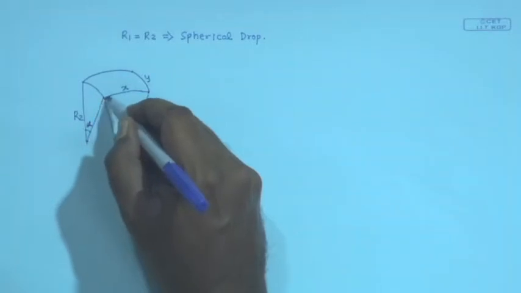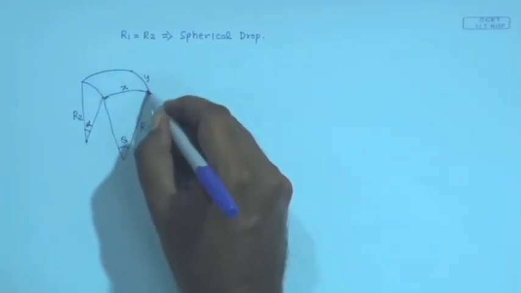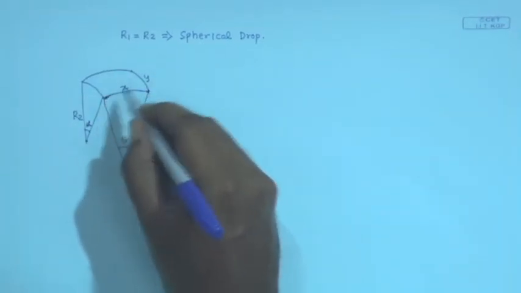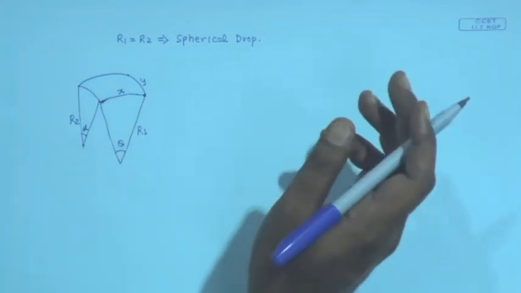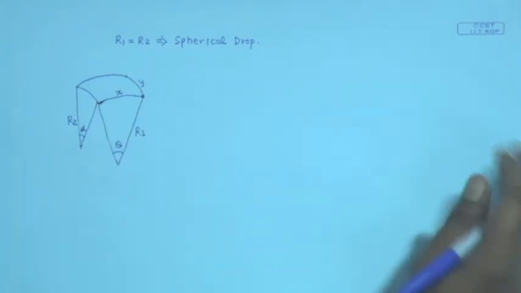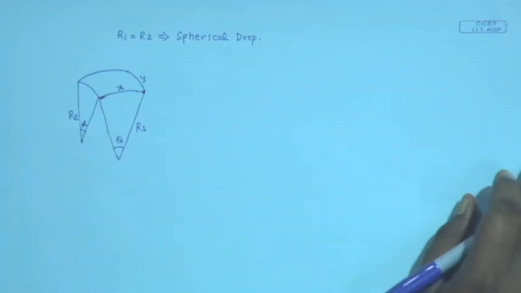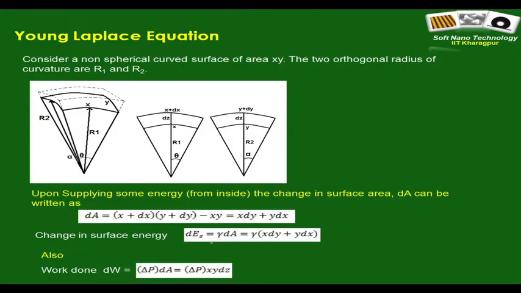Just the way in 3D space you need 3 coordinates to identify a specific point in whatever coordinate system you choose, similarly you essentially need to define simply the 2 radii of curvature to generate a curved surface or a section of the curved surface.